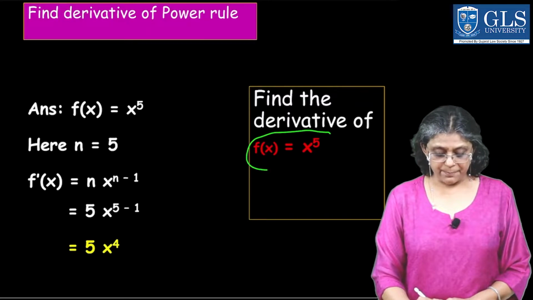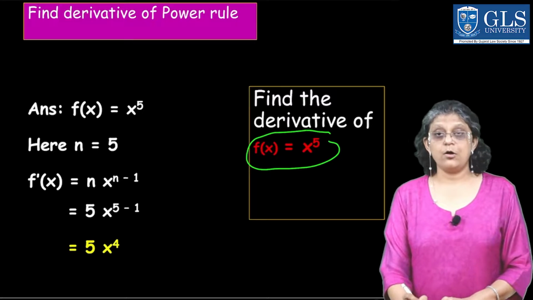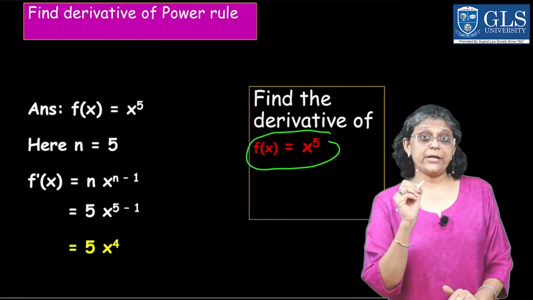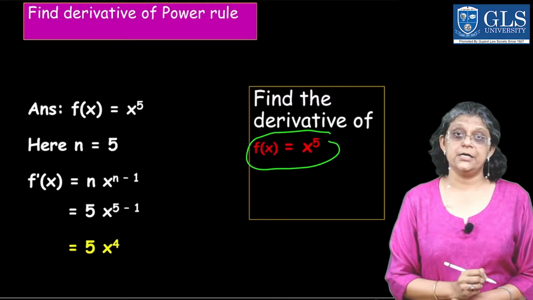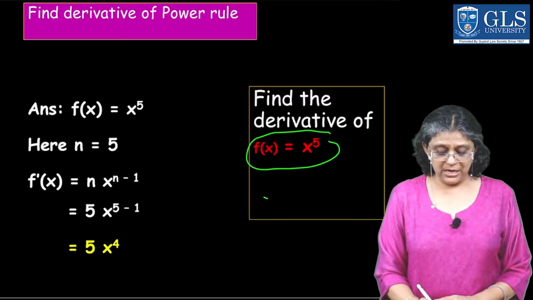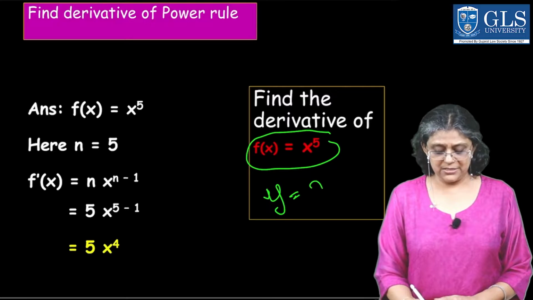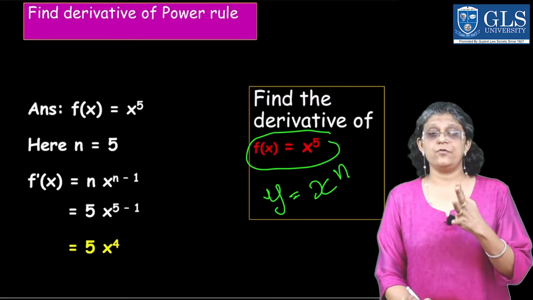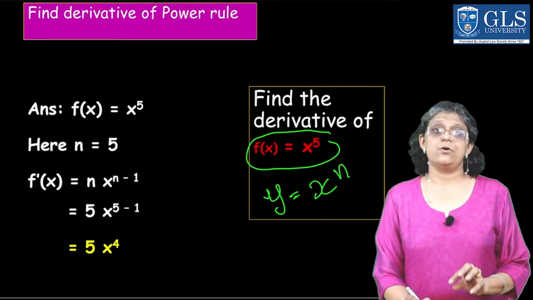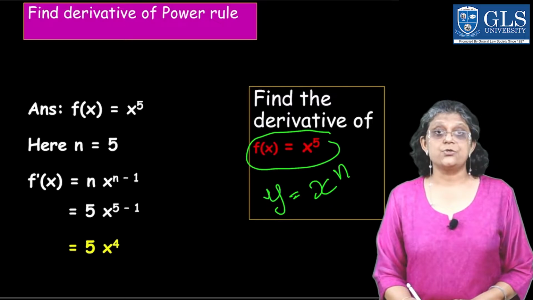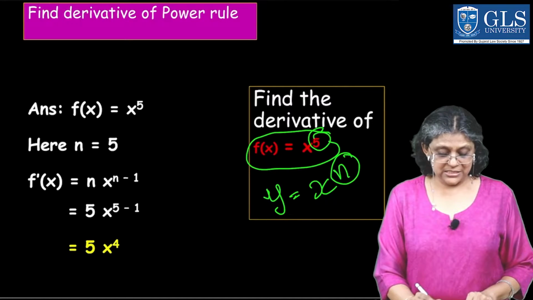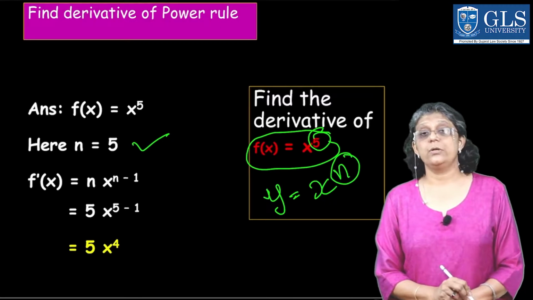So the first sum, find the derivative of f(x) is equal to x raised to n. Can you tell me, student, what is n here? Because the formulas are based on y is equal to x, and remember the 4 formulas, 5 formulas that we'll be doing. But this is the first thing that we want to understand, x raised to n. So we have understood that this is my n, so I can write n is equal to 5.